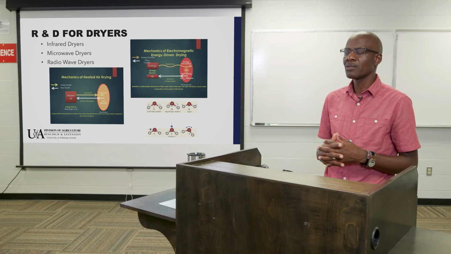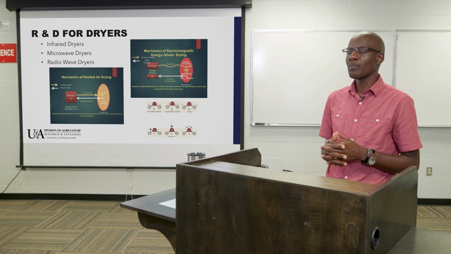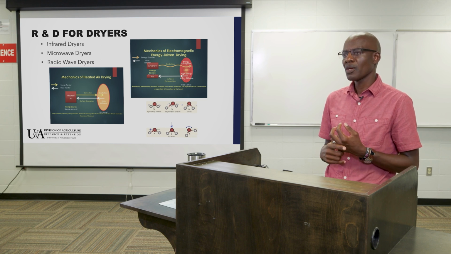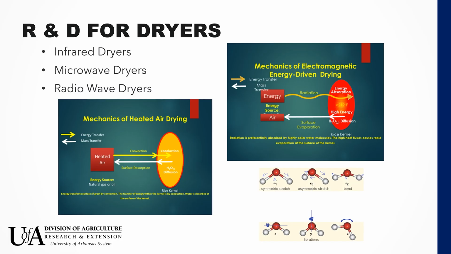Now, there are alternative technologies that have been developed or that are already in the process of being developed, and these are brought about because of different needs within the rice industry. For example, we would like to dry rice faster. We would like to reduce things like moisture content and temperature gradients within the rice kernels.